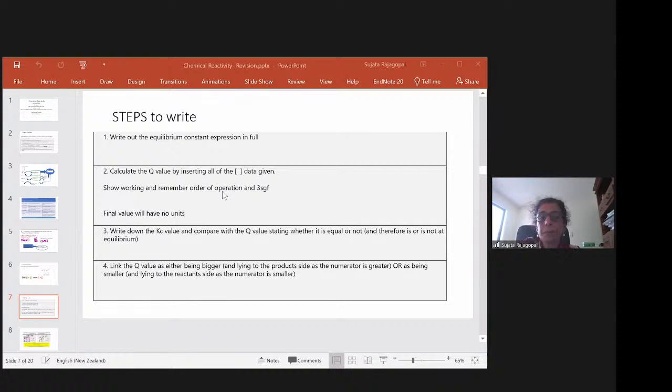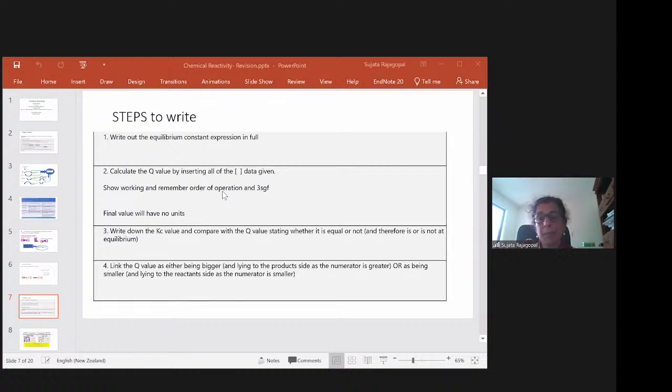Once you have calculated your equilibrium constant, if it doesn't match the one given to you, you say it has not reached equilibrium. Then you say whether the given one is higher or lower compared to the calculated one. If it is lower, then it needs to be increased to reach the equilibrium constant. And what happens to the reaction? The reaction moves forward. So that's what you have to talk about.